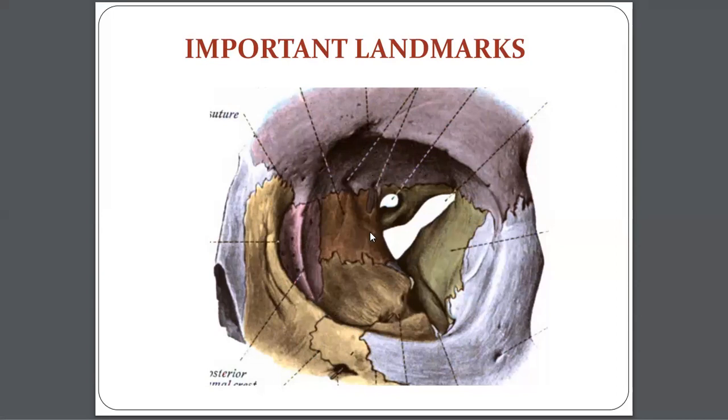Between the greater and lesser wing of the sphenoid bones, we have the superior orbital fissure. We have the optic canal, which gives passage to the optic nerve. Like that, various bones we have seen forming the boundaries of the orbit. To summarize, we have roof, floor, medial wall, and lateral wall in the orbit.